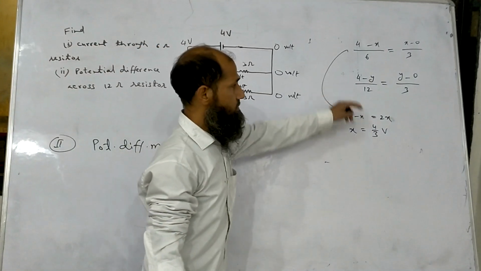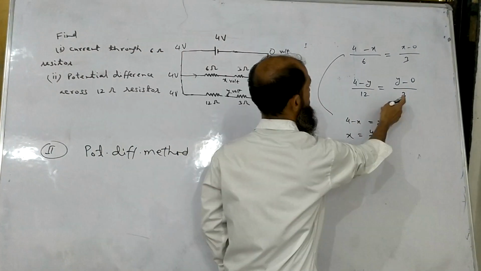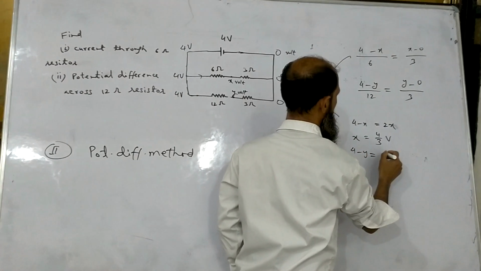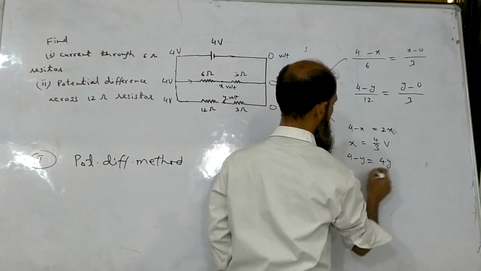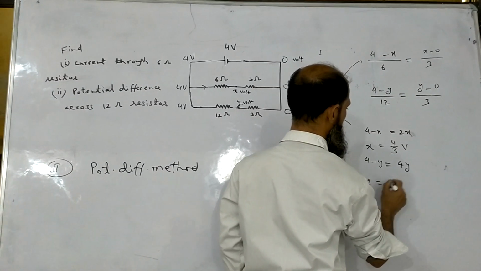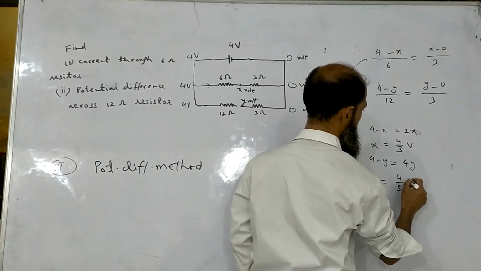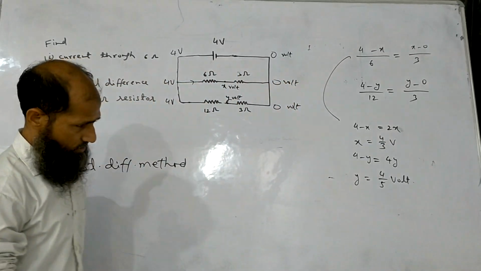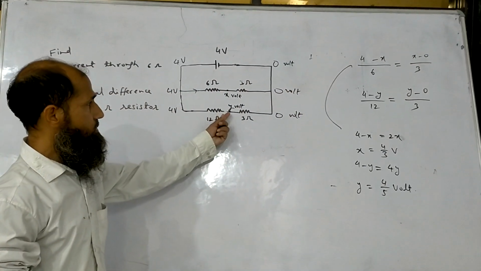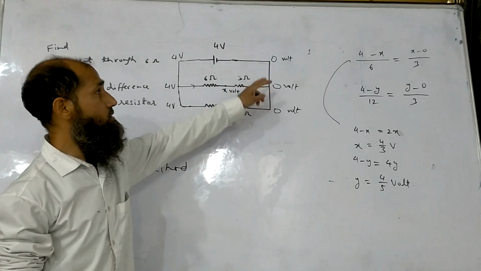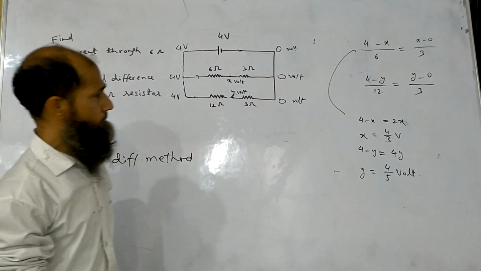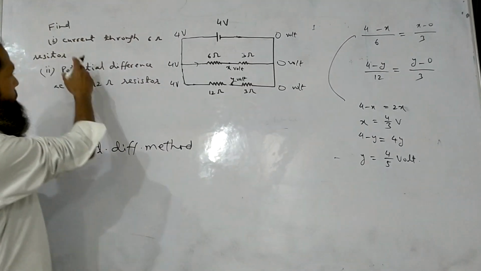And from the other equation, 3 4 is 12, so 4 minus y is equal to 4y, and so we get y is equal to 4 divided by 5 volt. So we have just found out the potential at these 2 points, considering the potential at this point 0 and this point 4 volt. Now we can solve both the problems.